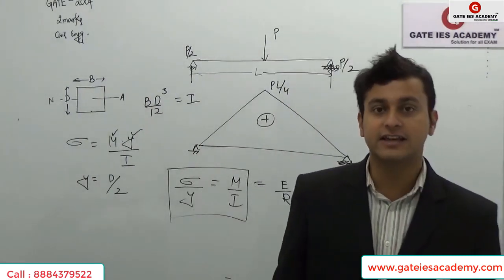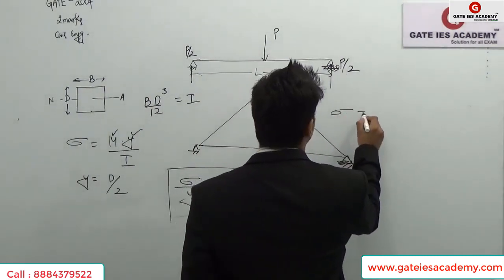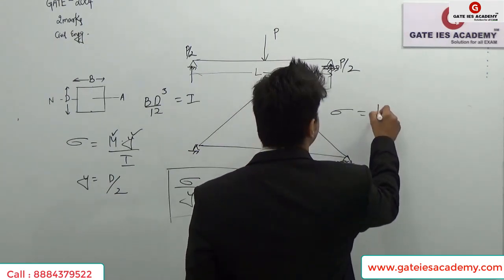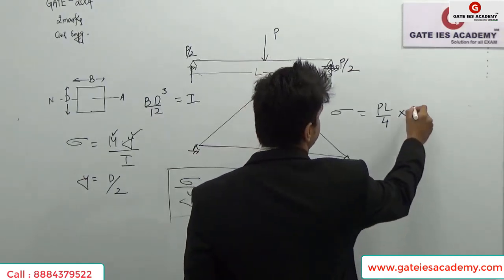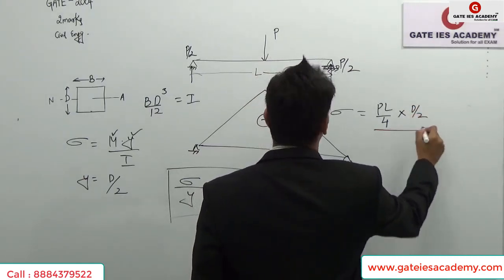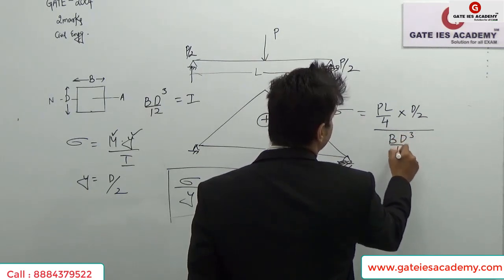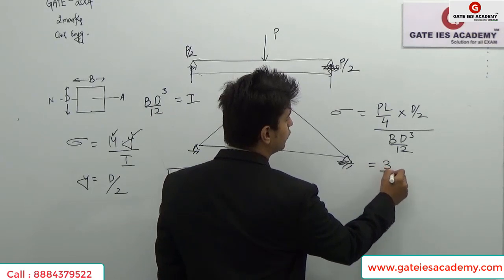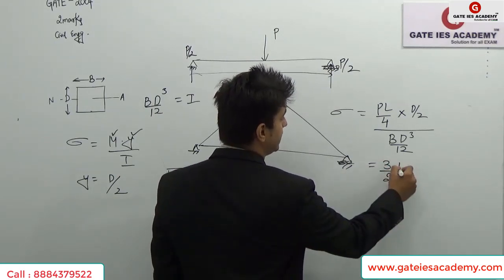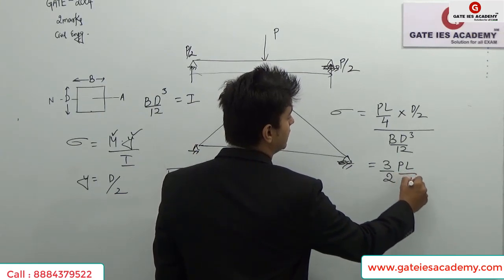Now we just have to calculate the stress. So sigma will be equal to M, that is P L by 4, into Y, that is D by 2, upon I, that is B D cubed by 12. So this comes out to be 3 by 2 P L upon B D square.